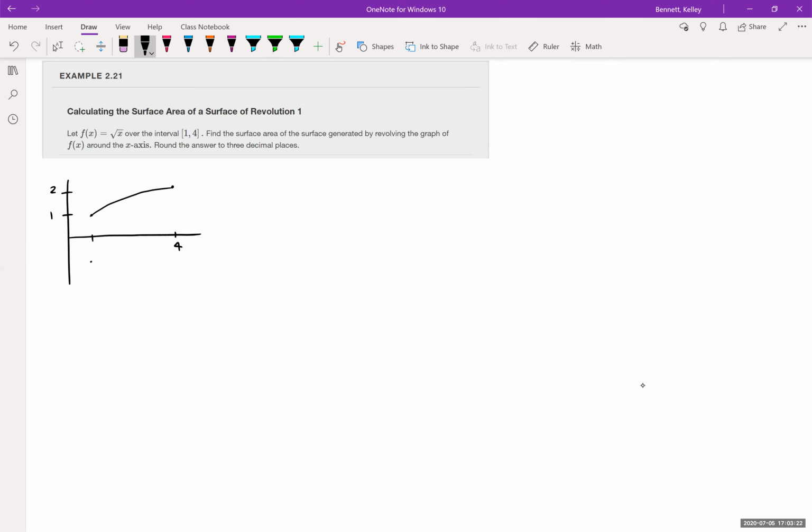So basically what this looks like is, I don't know, like a unique little lampshade, I guess, how I might describe it. Again, not a solid, just a surface area, an infinitely thin lampshade. So this is f of x equals the square root of x.